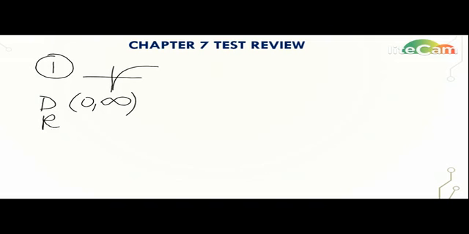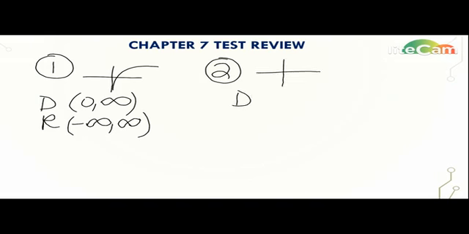The range actually goes down the y-axis forever, and it's actually going to follow along the y-axis forever to infinity at the top. So for a log, the range is always negative infinity, positive infinity.